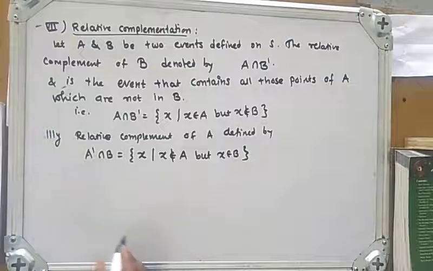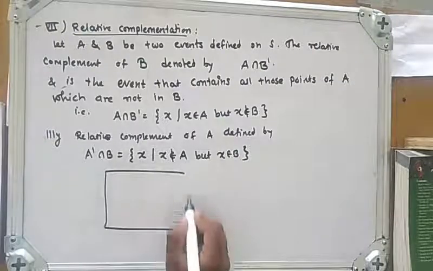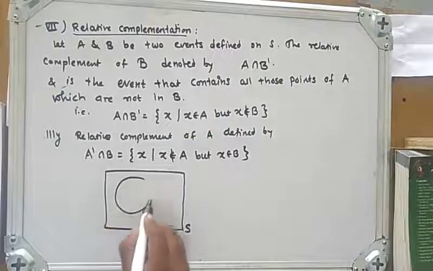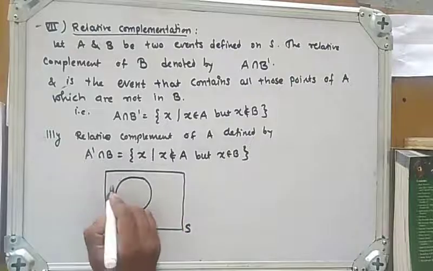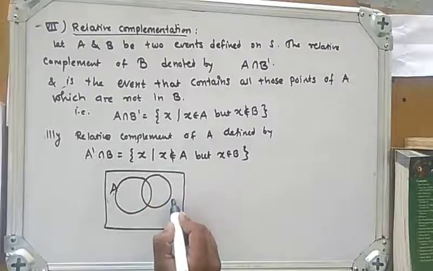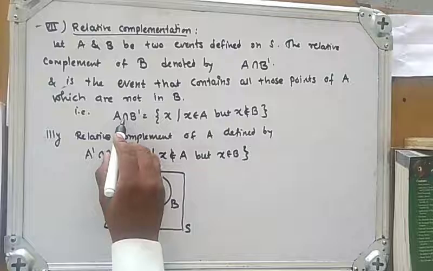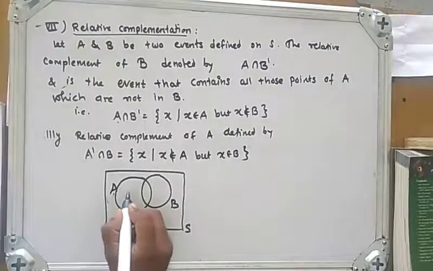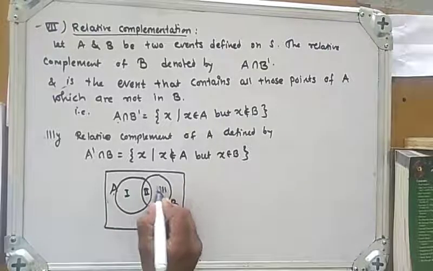Geometrically, this is the sample space S, this is the first event A, and this is the second event B. I will divide it into parts: first part, second part, third part.